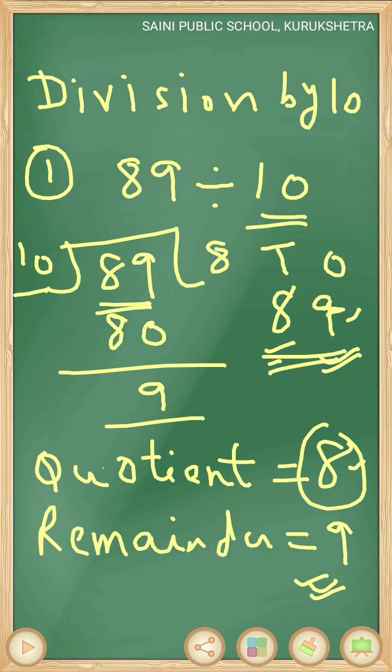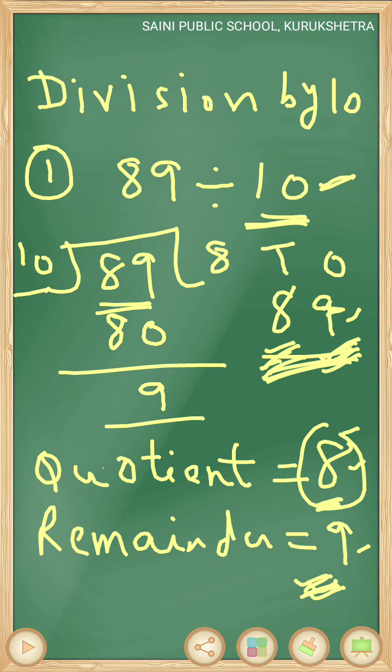In 10 there is a 1 and a 0. So one digit will be the remainder and one digit will be the quotient. The digit at the ones place will be the remainder and the digit at the tens place will be its quotient. So we can find the quotient and remainder directly without dividing. We can see the number and write the quotient and remainder directly.